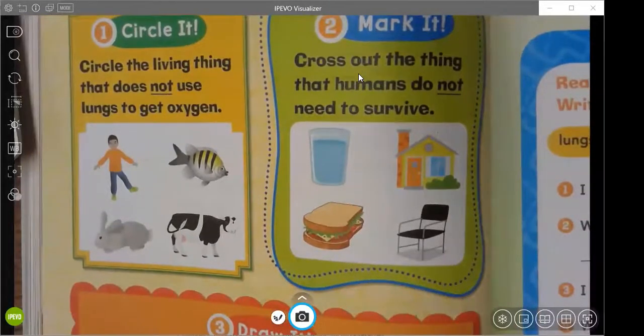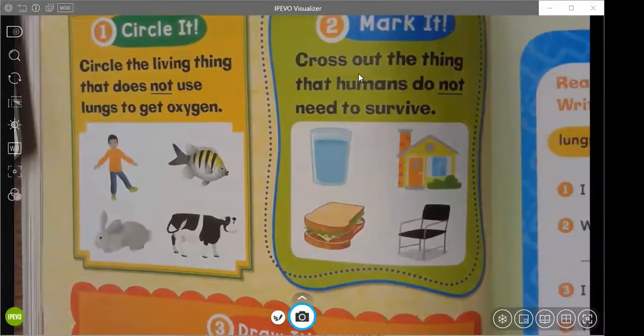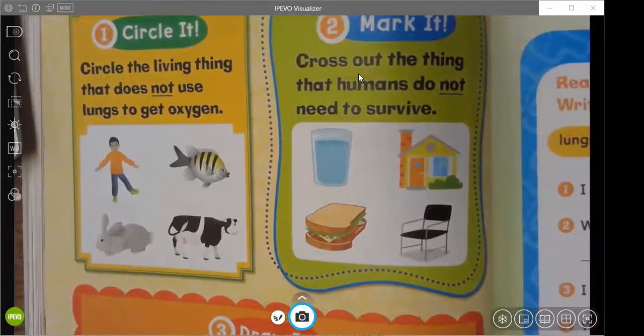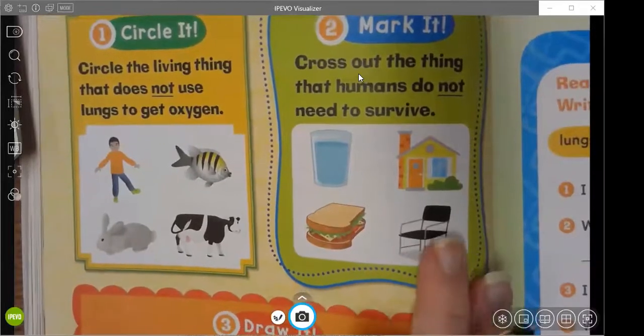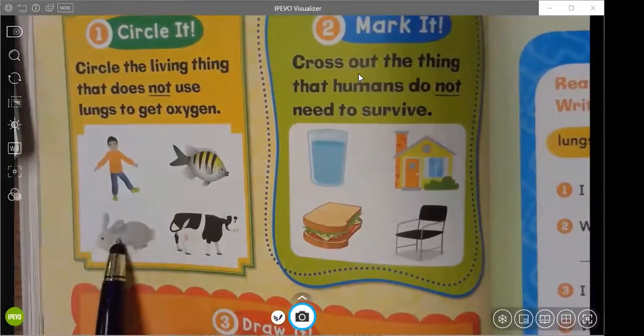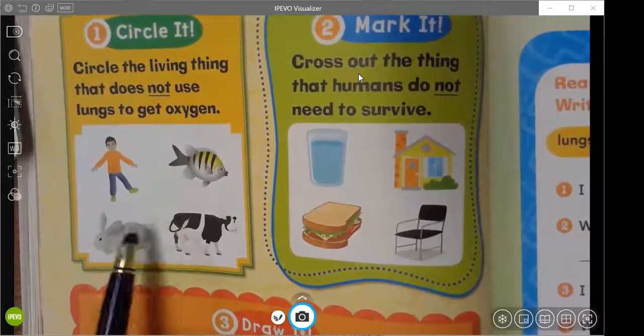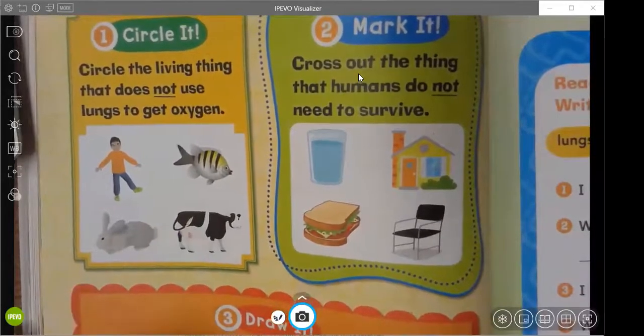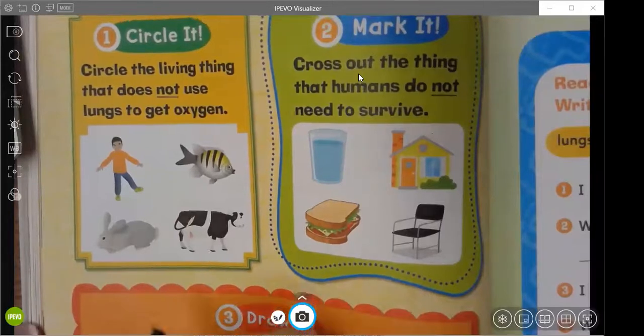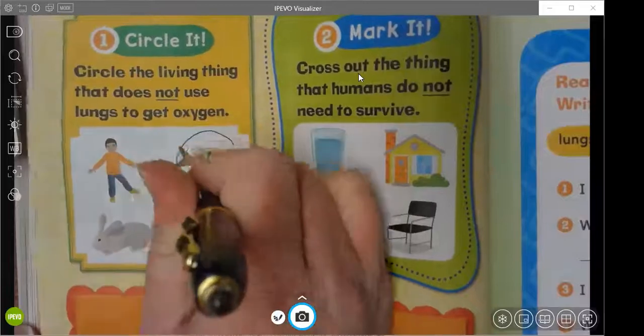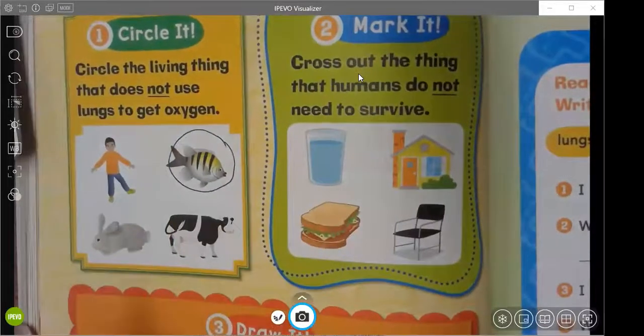We talked about lungs and gills in yesterday's lesson. Both help us breathe: one helps us breathe on land and one helps us breathe in water. We have a human, a rabbit, a cow, and a fish. Which one does not use lungs to get oxygen? A fish. A fish uses gills to get oxygen.